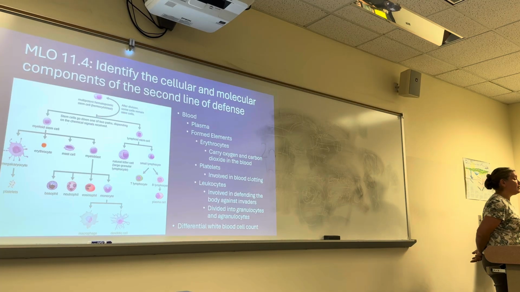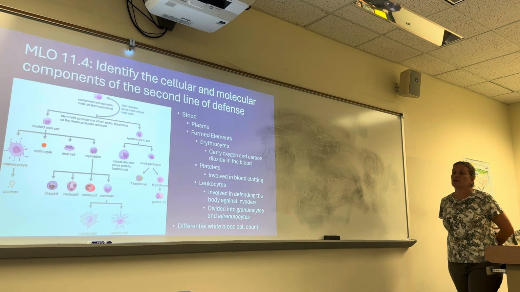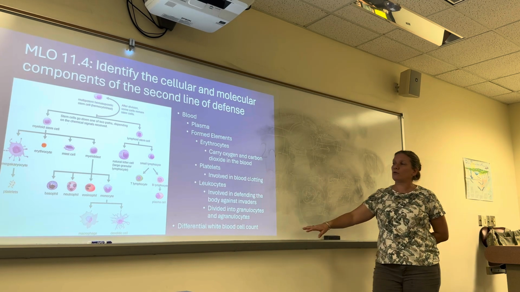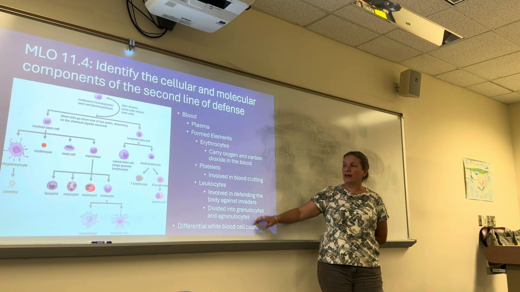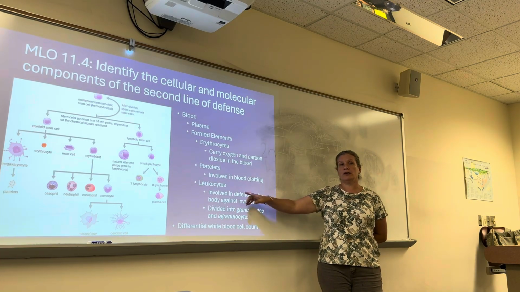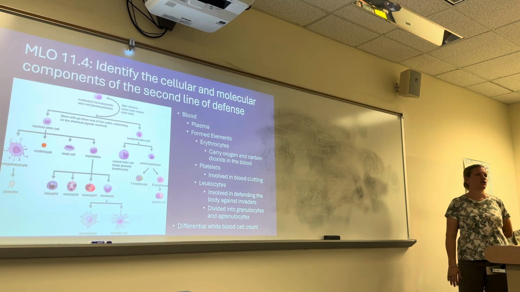Okay, they're going to be important in this process. And then in a little bit, we'll talk about how we look at a white blood cell count, that is the count of the leukocytes, to try to identify what type of pathogen an individual might have.